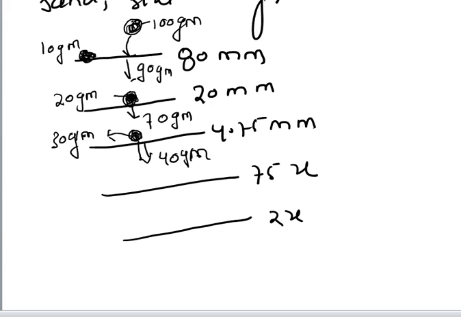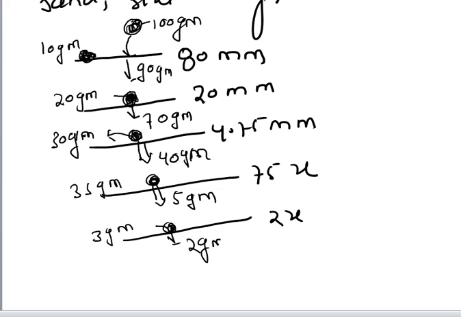Let over the 75 micron sieve 35 grams be retained and 5 grams pass. Now let over the 2 micron sieve 3 grams be retained and 2 grams pass. So this is the experiment which you have conducted.